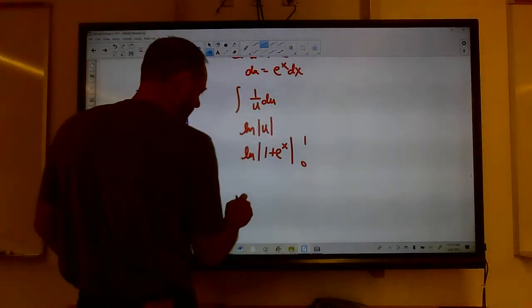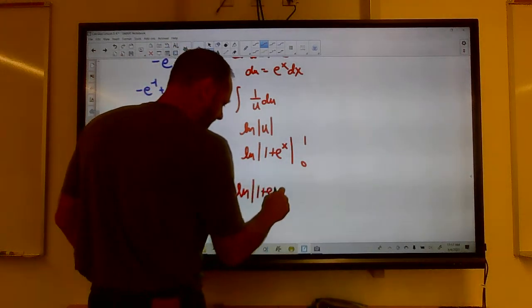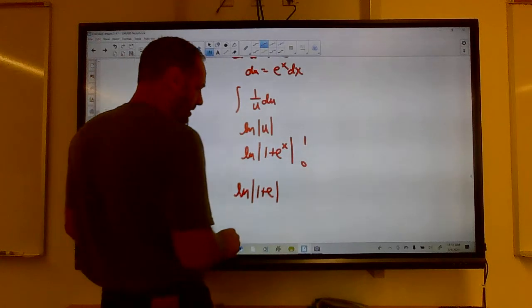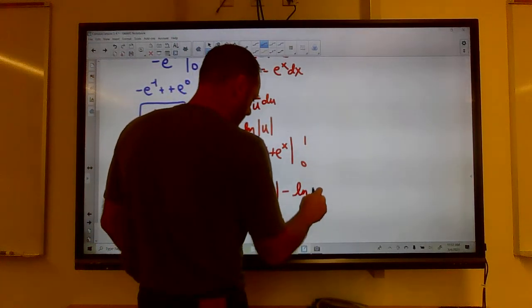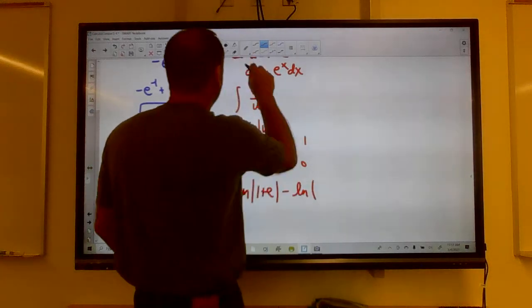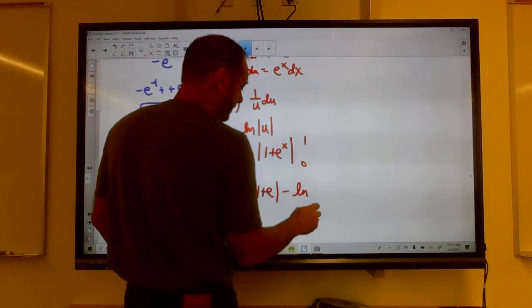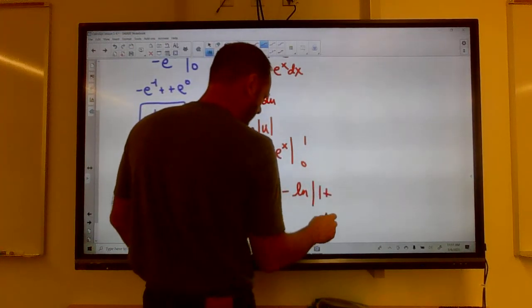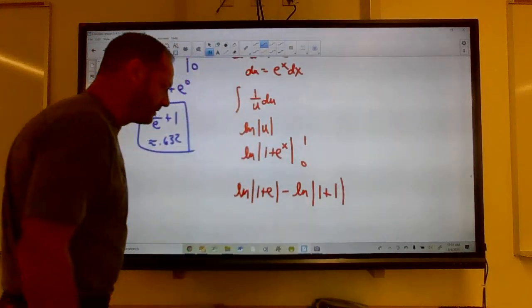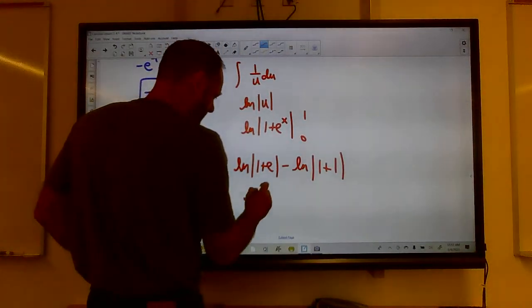So this would equal the natural log of 1 plus e minus the natural log of 1 plus e to the 0, which is just 1. So this is positive.